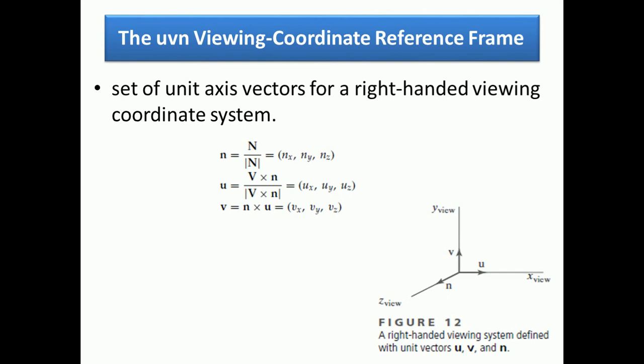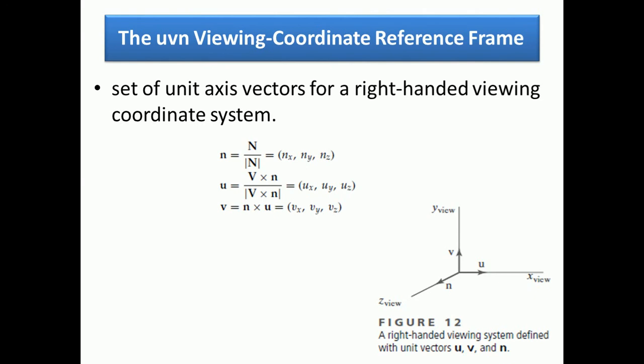So here I have shown the procedure where we obtain the following set of unit axis vectors for a right-handed viewing coordinate system. As you can see here in the figure, I have mentioned the parameters. That is, small n equals N divided by the absolute value of N, which is equal to (nx, ny, nz), and small u equals V cross N divided by the absolute value of V cross N, which will produce (ux, uy, uz).